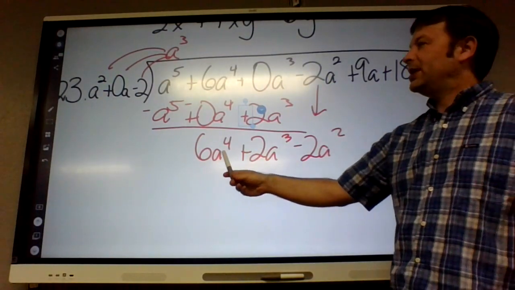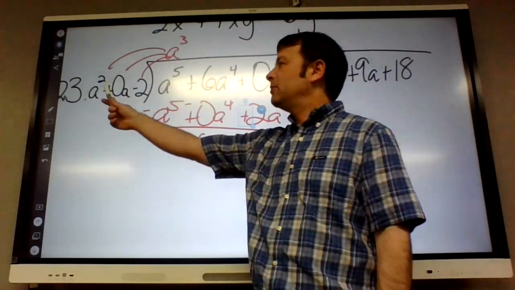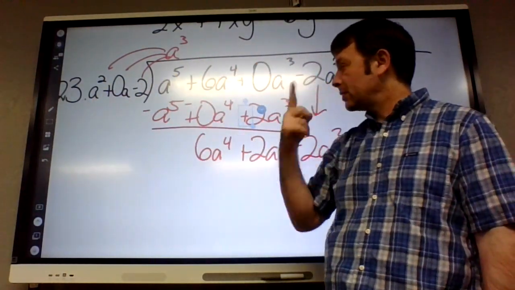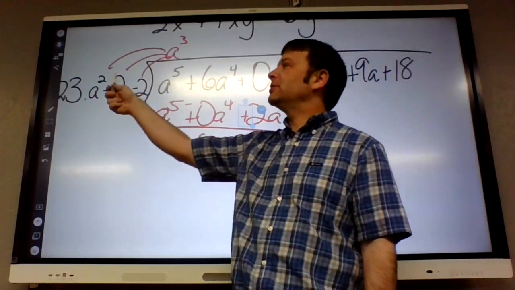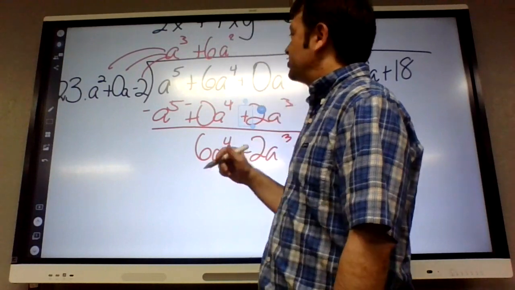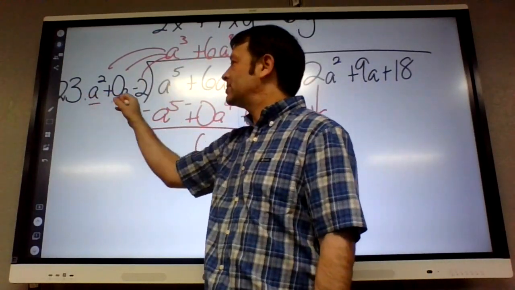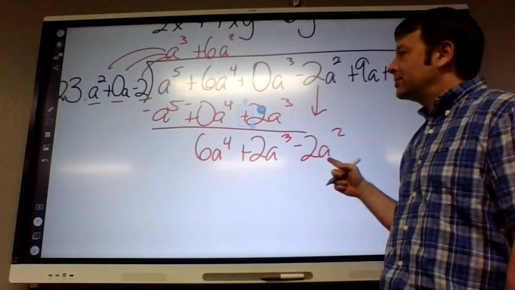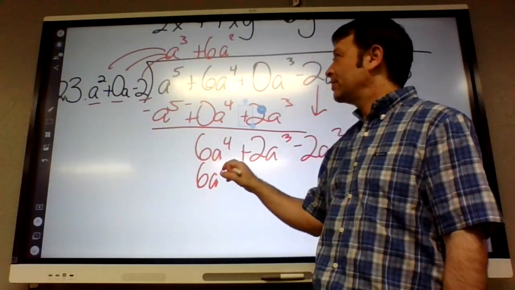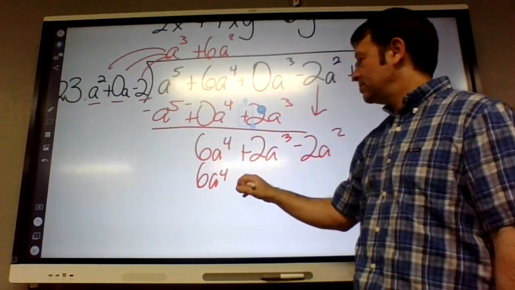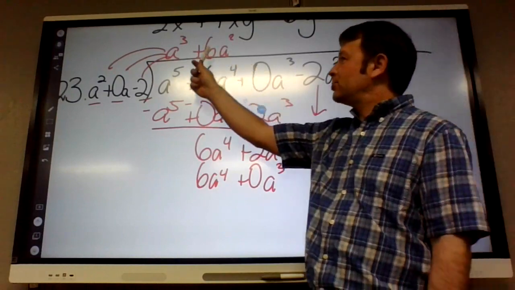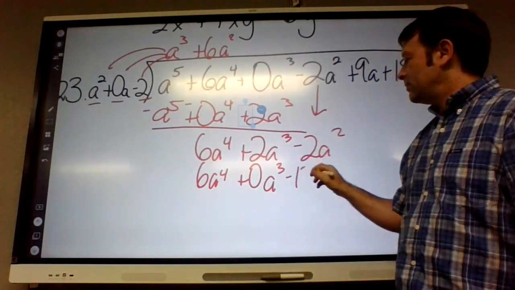So what is 6a to the 4th divided by a squared? You just subtract the exponent. 6a squared times this, put it down here, subtract. 6a squared times a squared is 6a to the 4th. 6a squared times 0, 0a cubed. 6a squared times negative 2 is negative 12a squared.